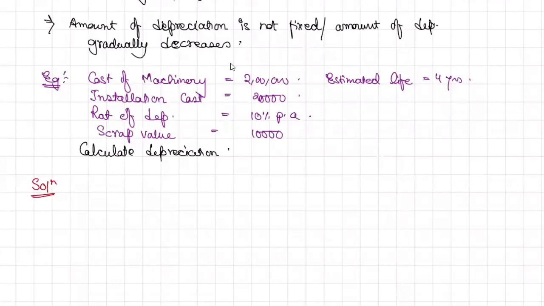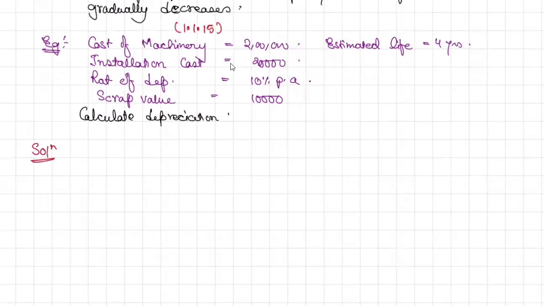Now suppose the machinery was purchased on 1st of January 2015, so that we get the numbers. So I'll start the solution.